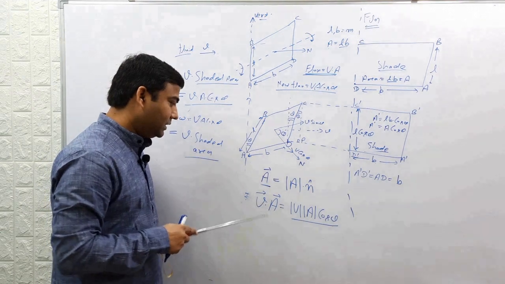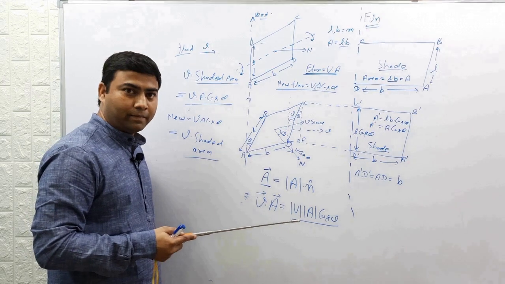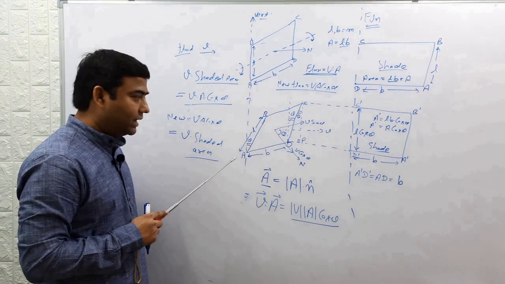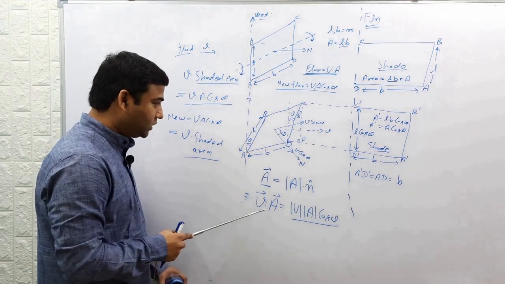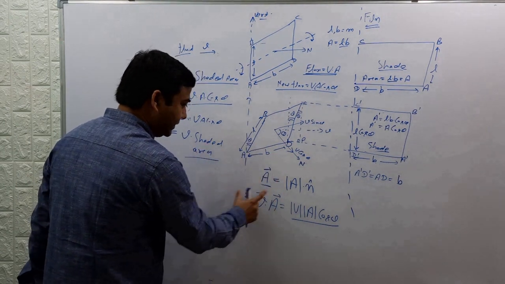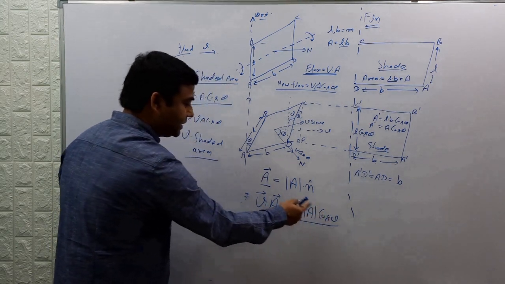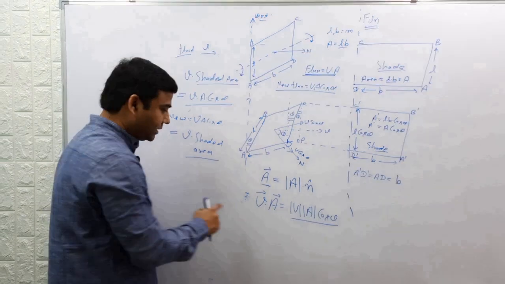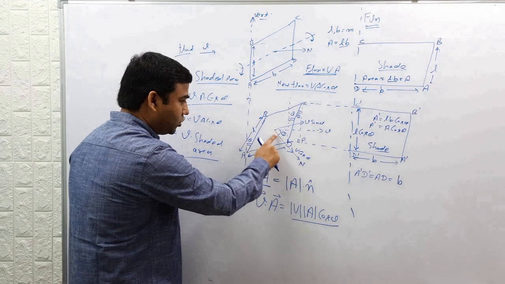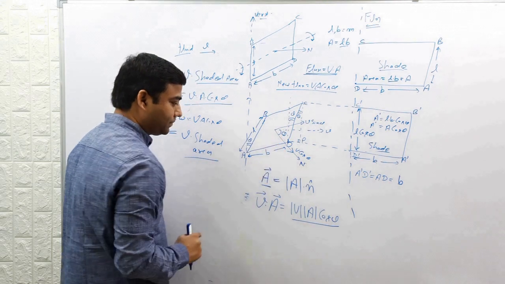Similarly, V dot A will also always give us VA cos theta, because A is the vector perpendicular to the surface. This is the simple definition of dot product, mod of A, mod of B and cos theta, where theta is the angle between vector A and vector B. The direction of vector A is along the normal to this surface, so the angle between the normal and V is theta.